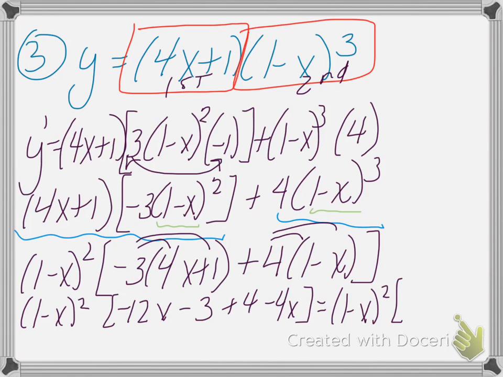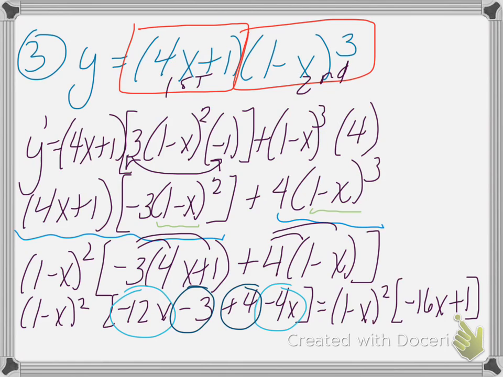And now when I simplify, I can combine a -12x and a -4x, which is -16x. And I can also combine a -3 and a +4, which is just 1. And that was choice C for number 3.